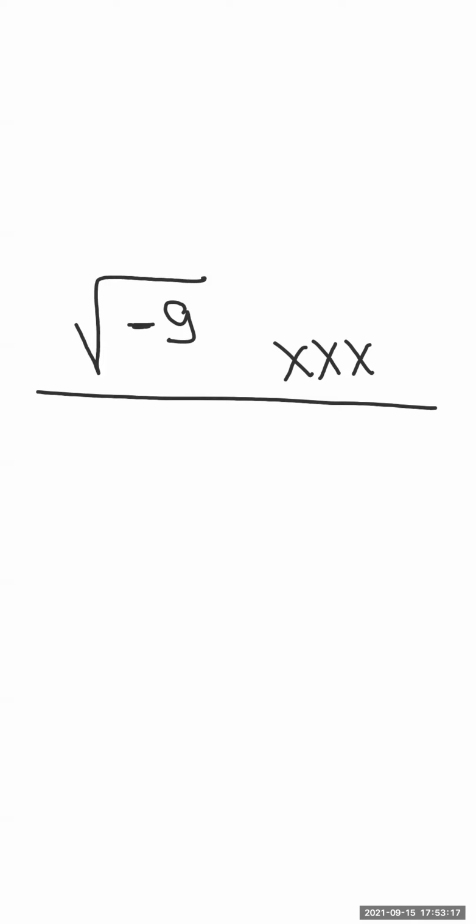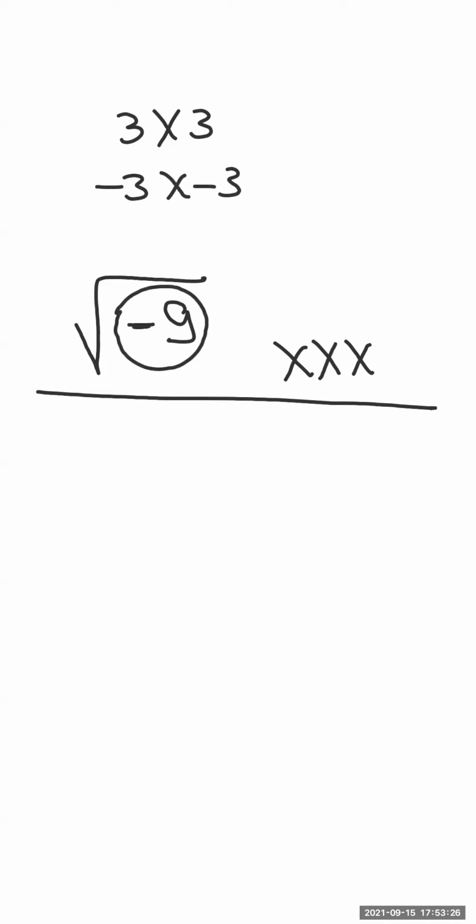Here 9 means 3 times 3 or -3 times -3, which gives positive 9. So we said that the square root for negative numbers is not possible here.